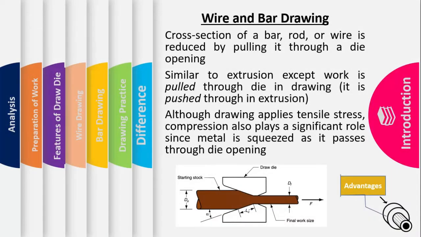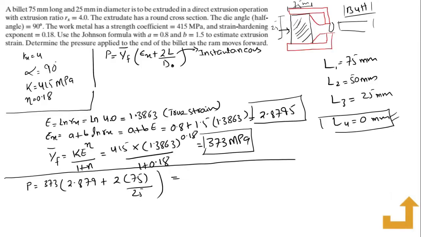So you can find out the initial length. That would be equal to 3312 megapascals at L equals 75.